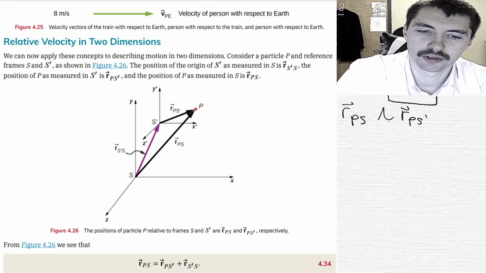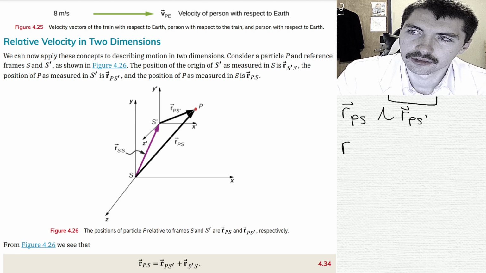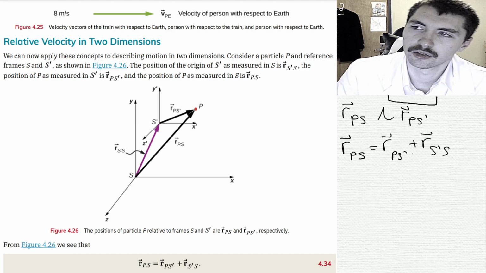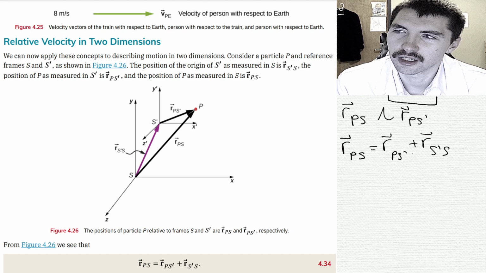Okay, so R, the position function of the particle in S is position function of P in S prime plus S prime S. So what is this saying in English?